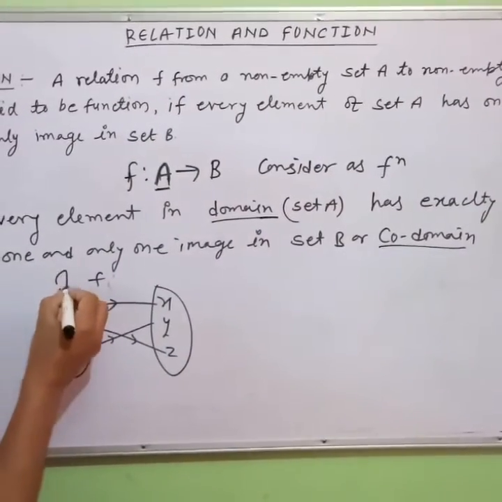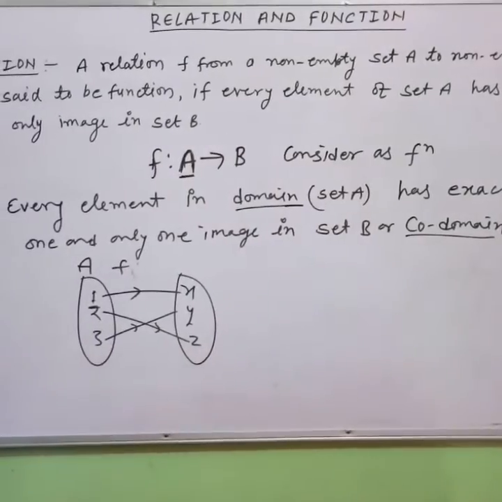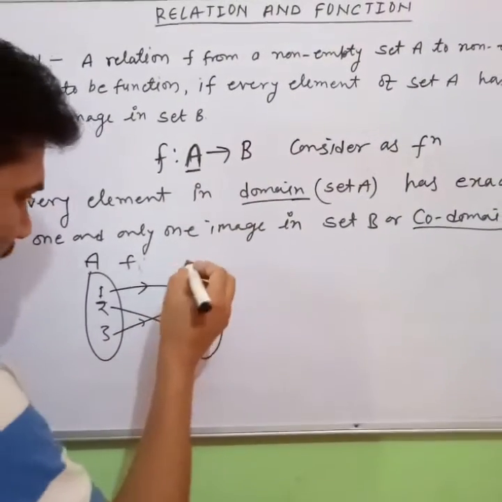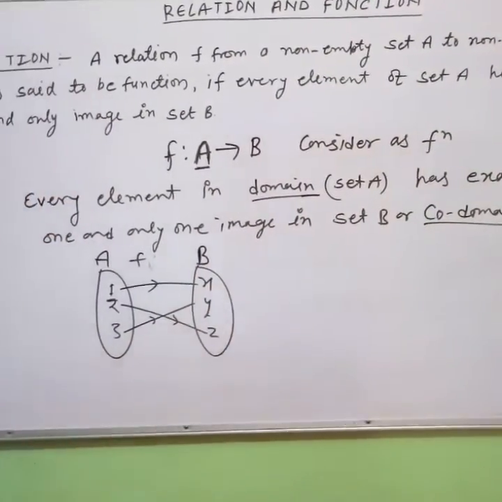Total number of elements in set A is called domain, and total number of elements in set B is called codomain.